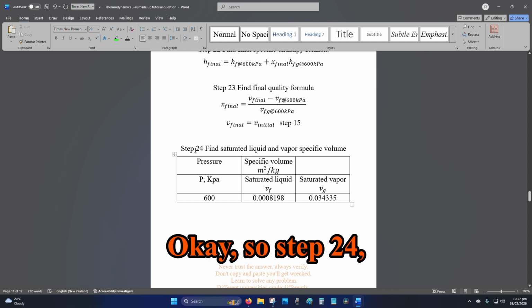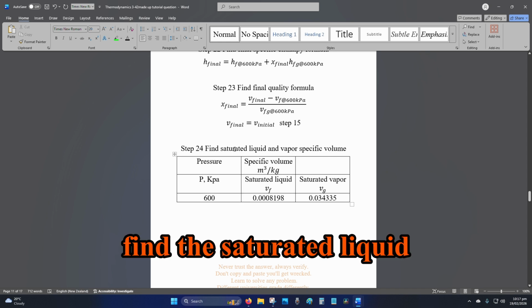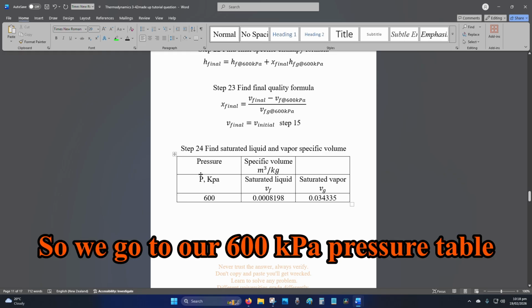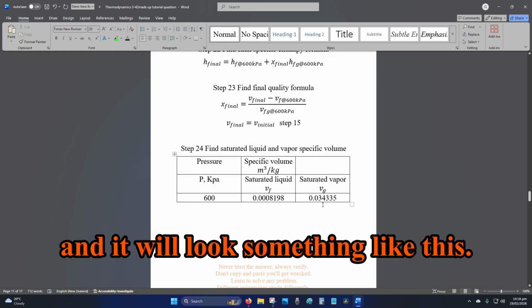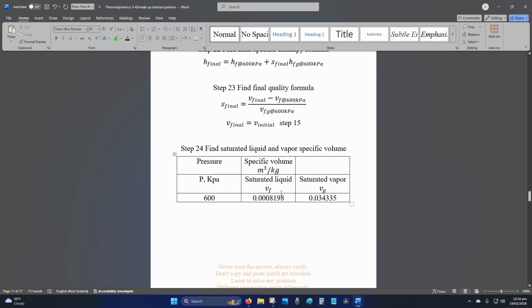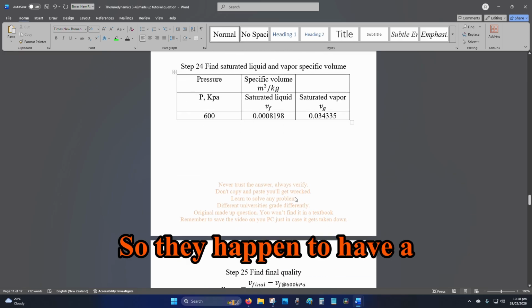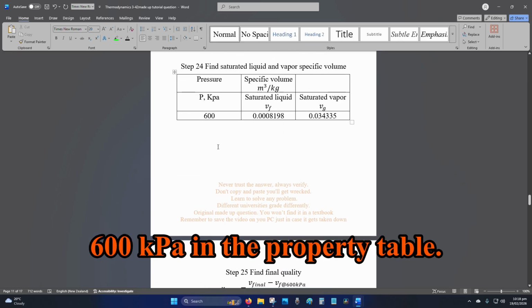Okay, so step 24, find the saturated liquid and vapor specific volumes. So we go to our 600 kPa pressure table, and it will look something like this. So those are the values. No need to linear interpolate, luckily. So they happen to have a 600 kPa in the property table.